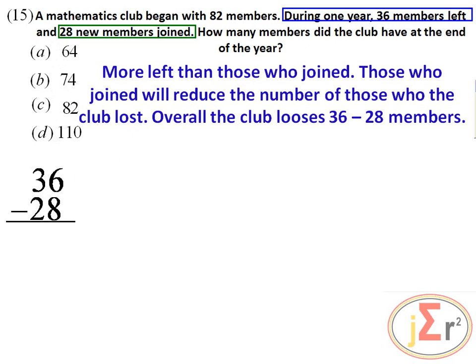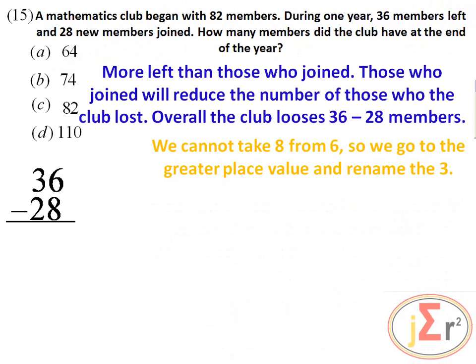That's right, Jerry. Jerry's saying that is 8. So, more left than those who joined. Those who joined will reduce the number of those who the club lost, right? So overall, the club lost 36 minus 28 members. We cannot take 8 from 6, so we go to the greater place value and rename the 3.